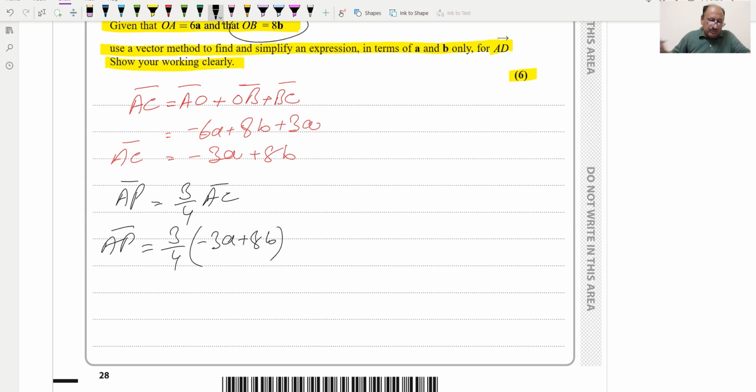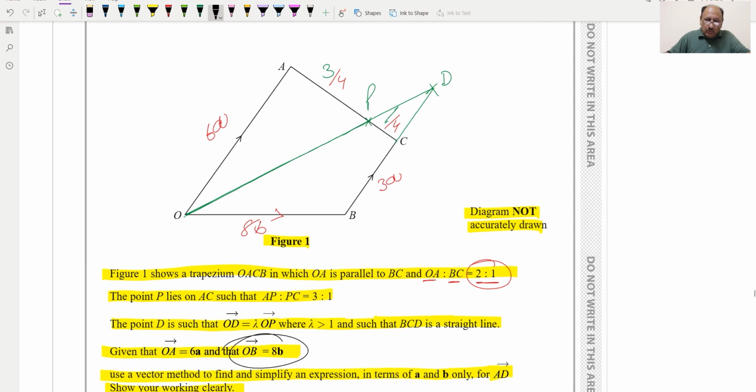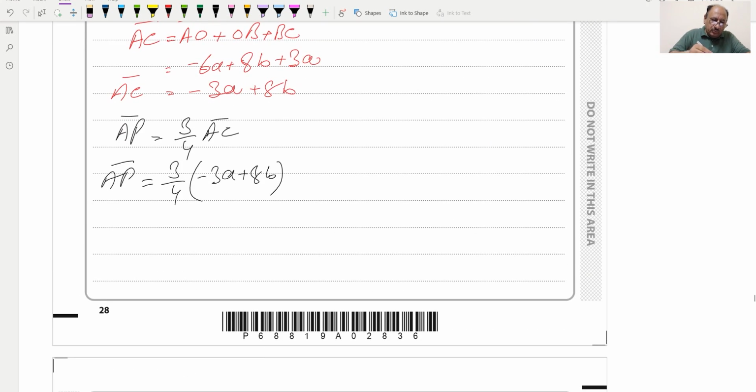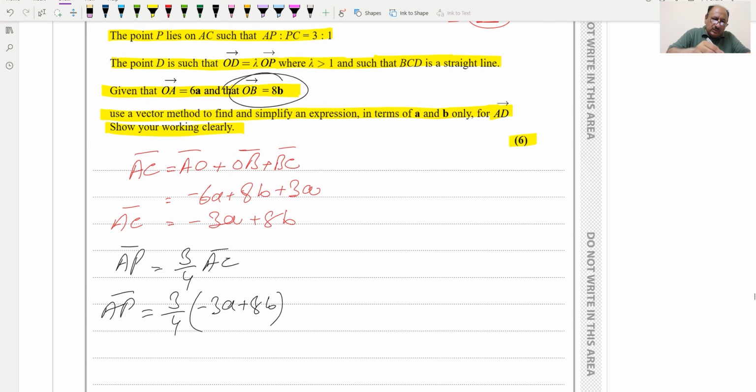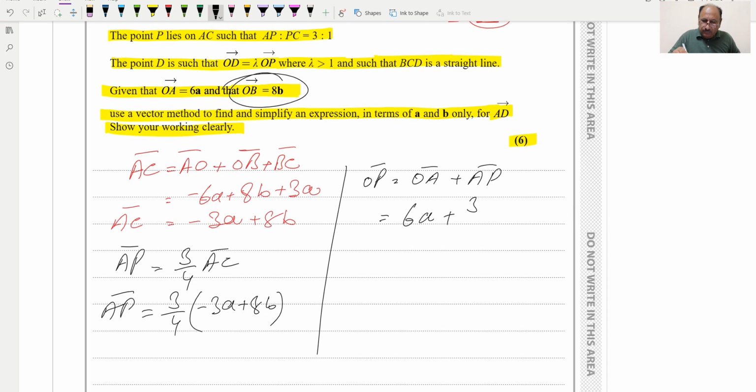Now after that we can write OP. OP will be this direction, and OP we can take as this route and this route, and this will be 6a plus 3/4 of AP. So we can write OP is equal to OA plus AP, and OA is 6a, so this will be 6a plus 3/4 AP value.